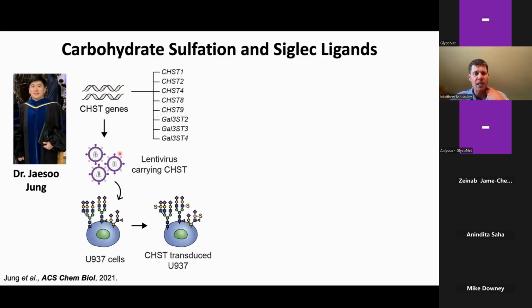So what he did is he used lentivirus to overexpress these 8 different carbohydrate sulfotransferases. These were chosen out of all the genes in humans because they put on sulfation on the galactose or the GlcNAc of N- and O-linked glycans. So unlike ones that work on, for example, chondroitin and heparin, those ones we didn't look at.